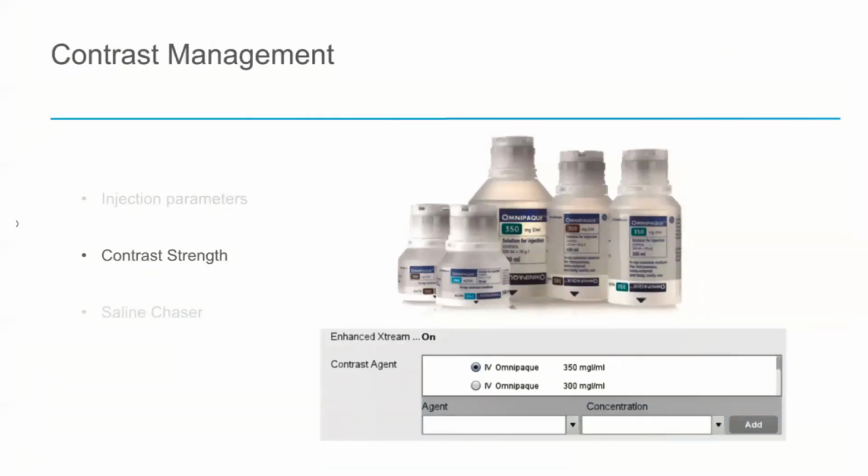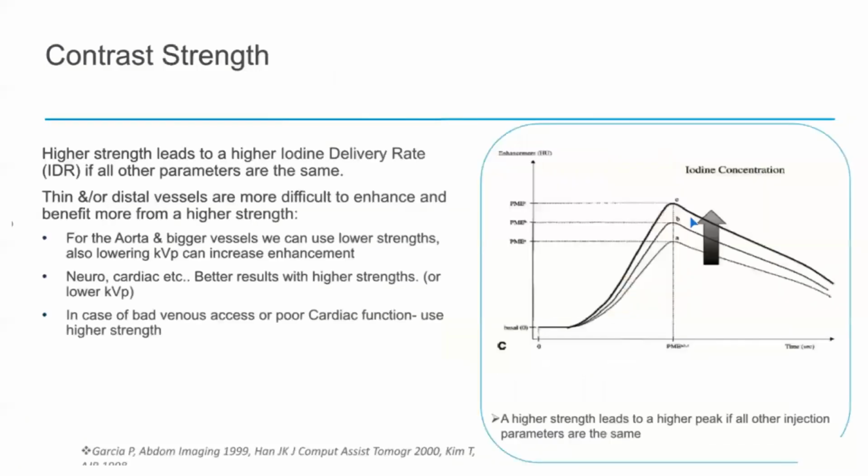What about the contrast strength? Contrast strength is also a very important factor to consider. You can see from this diagram, where each line represents a different contrast strength, that a higher strength leads to a higher iodine delivery rate if all the parameters remain the same.